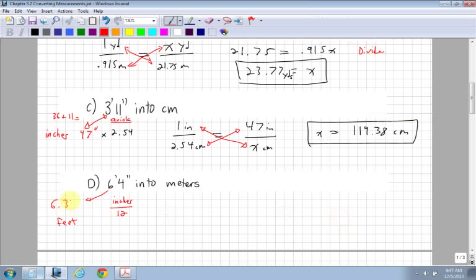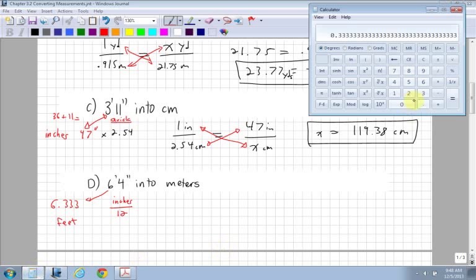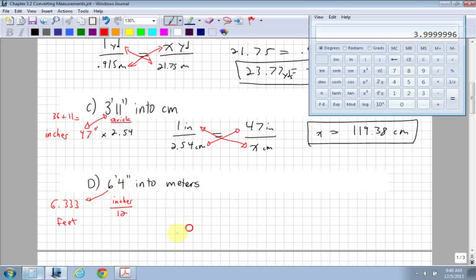So I have 6.333. I would round off to 3 because the next one over is a 3. So I have 6.333 feet. Again, to convert that, I took my inches that were left over, divided by 12, and converted it to a decimal. And you can even check. You can do 0.333 times 12 is going to be about 4. Yep, okay, so that's right.